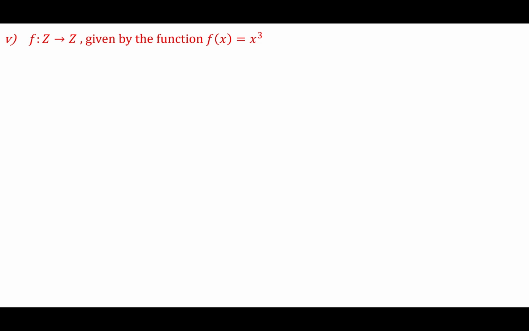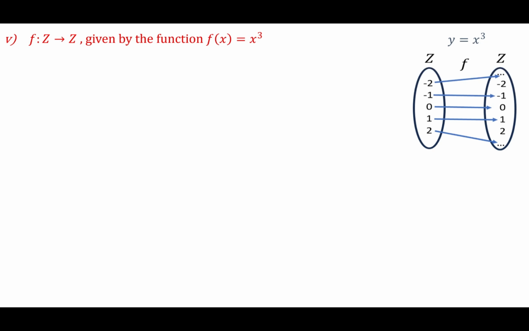Part 5 of question 2. f from Z to Z, integers to integers, given by the function f of x is equal to x cube. As I told you earlier, first draw the rough figure, plug in any values, integers, all negative numbers to positive numbers.